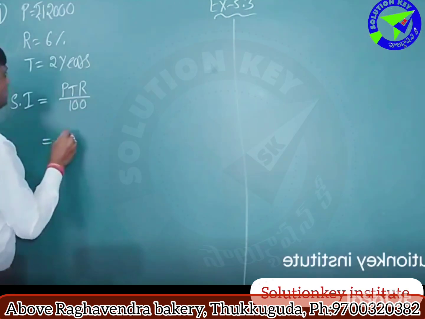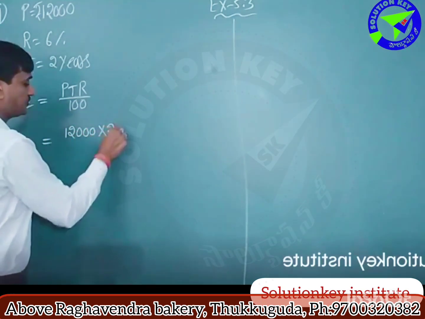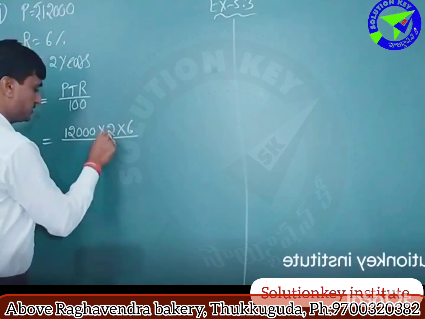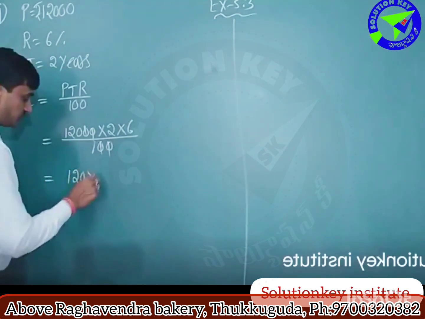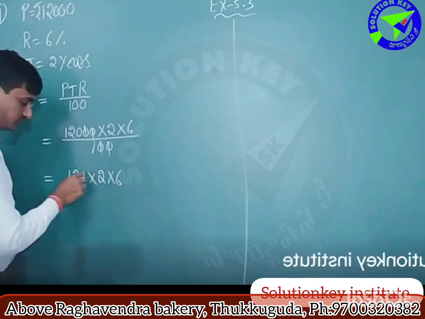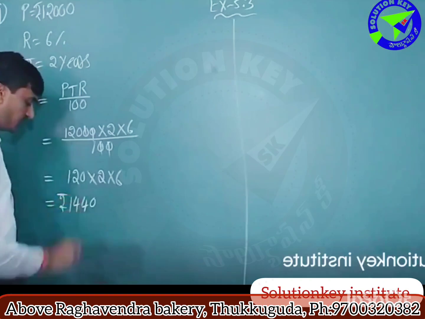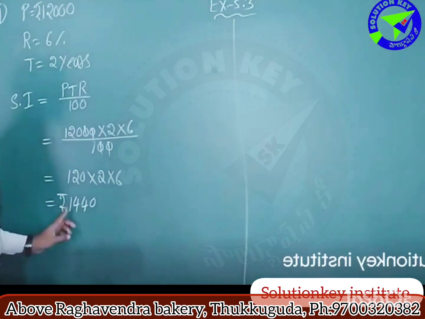So principal is 12,000 rupees, time is 2 years, rate of interest is 6% by 100. Zeros cancel. So 120 into 2 into 6. 6 times 2 is 12, 12 times 12 is 144 and 0. Okay? You have paid the interest of 1440 rupees.